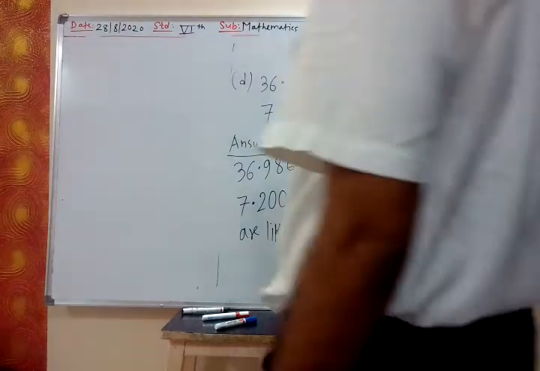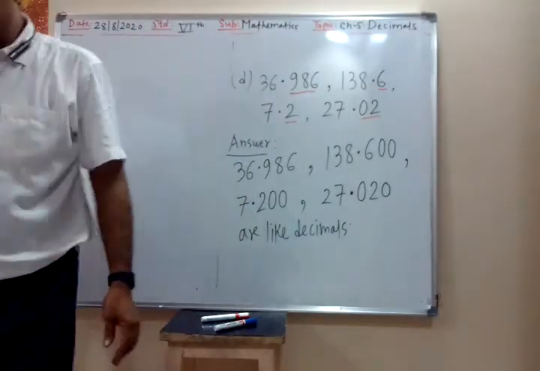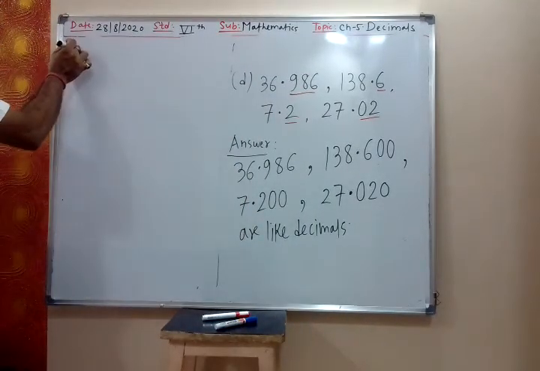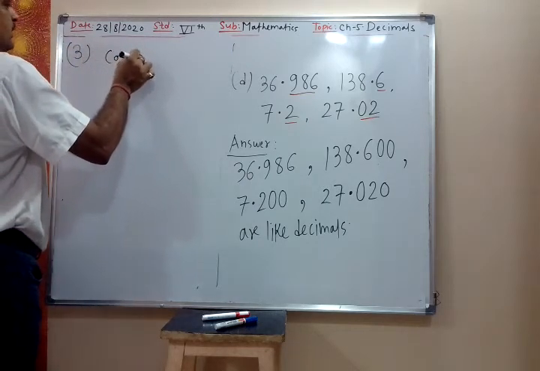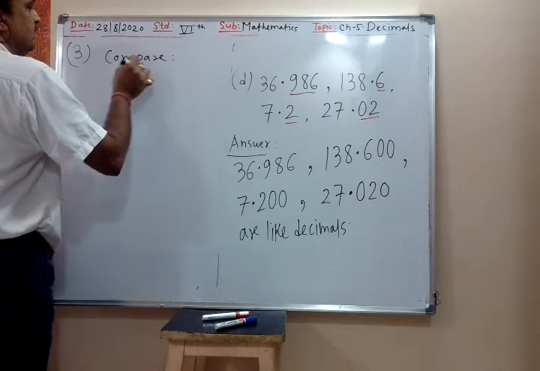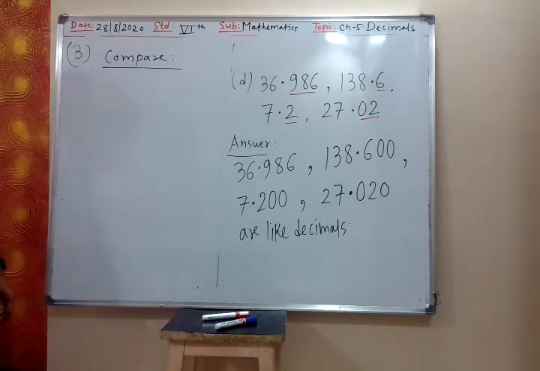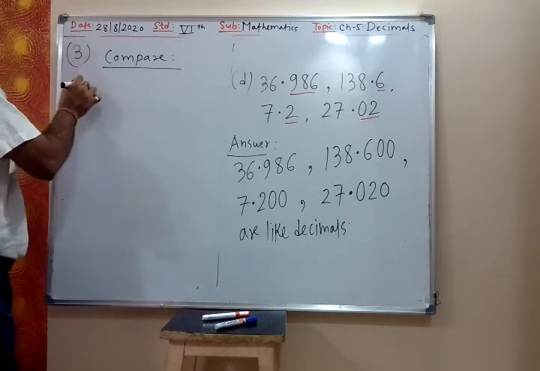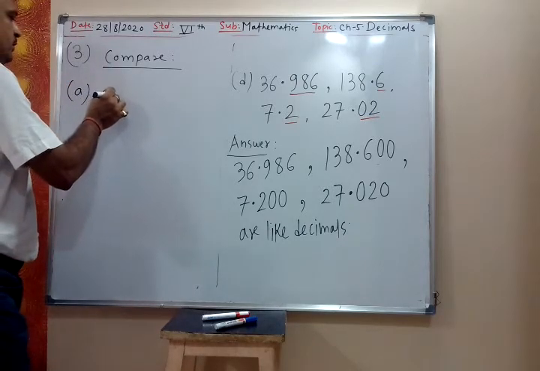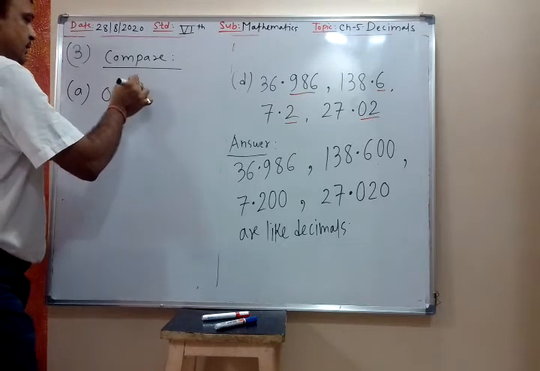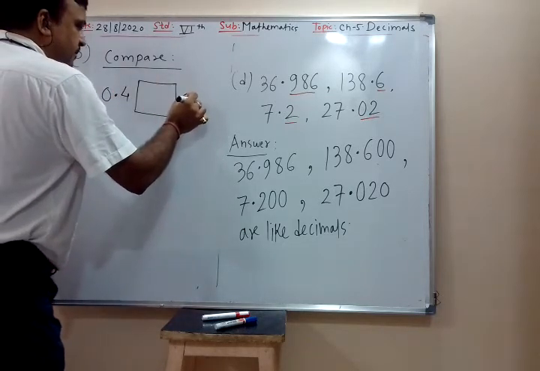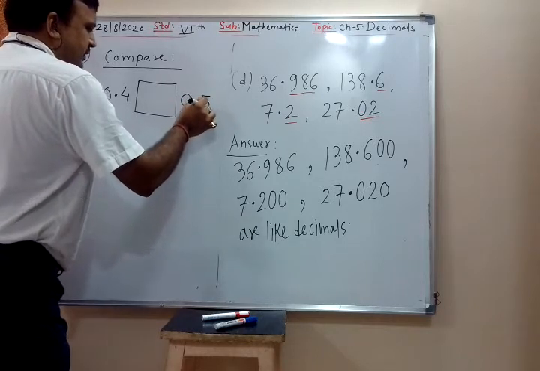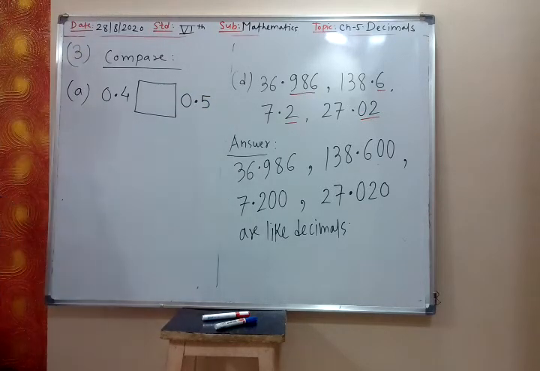Now third, compare the following decimals. First is 0.4, then box, 0.5.